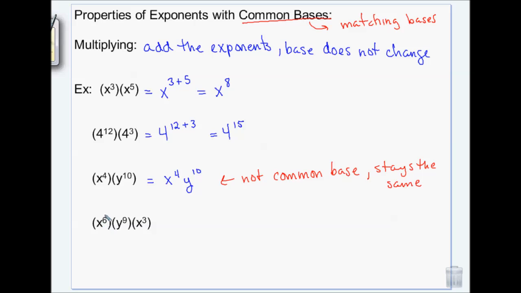And here I have x to the 6th times y to the 9th times x to the 3rd. These are common. So I can do x to the 3 plus 6, and then y to the 9th will stay the same. So that becomes x to the 9th, y to the 9th.